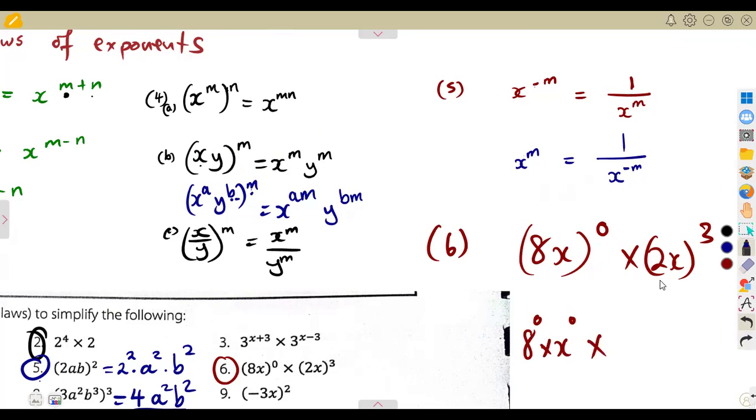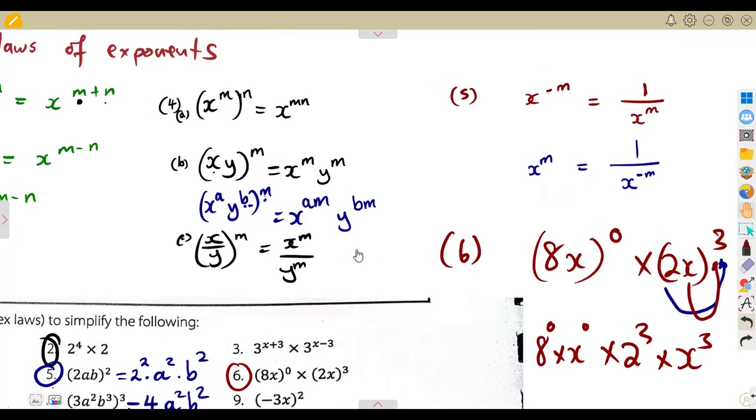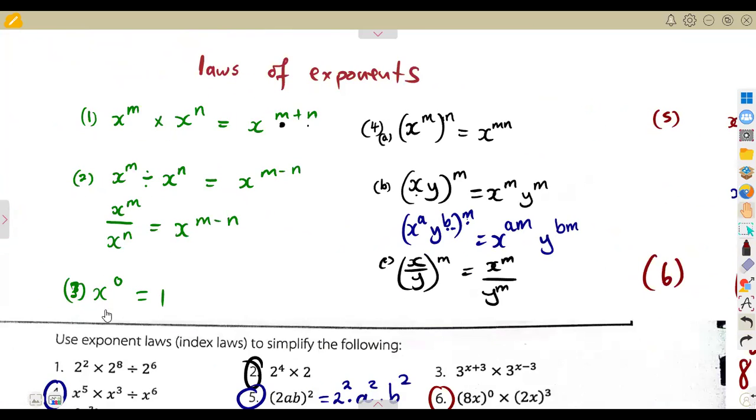Multiply to the same thing, that 2x is being raised to the exponent of 3, meaning to say we are back to the same thing that we have xy to the exponent of m. Everything is going to be raised to the exponent of m. So that means the 2 is going to be raised to the exponent of 3, and also the x is going to be raised to the exponent of a 3. Knowing that every number, when being raised to the exponent of a 0, is going to give us a 1.